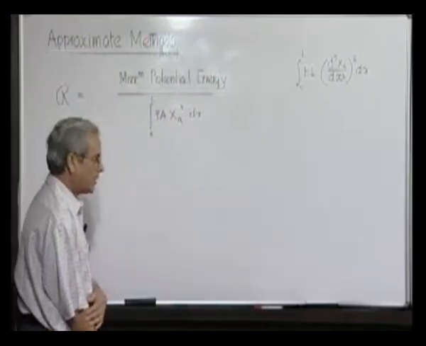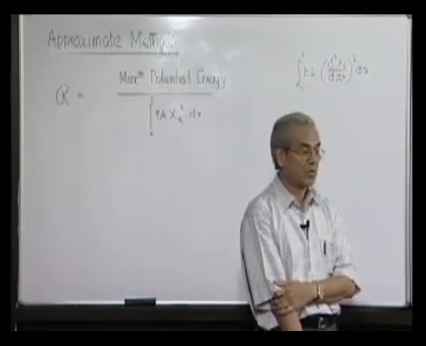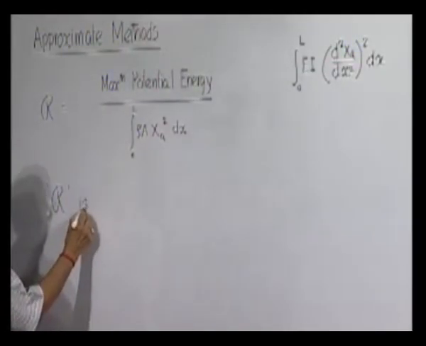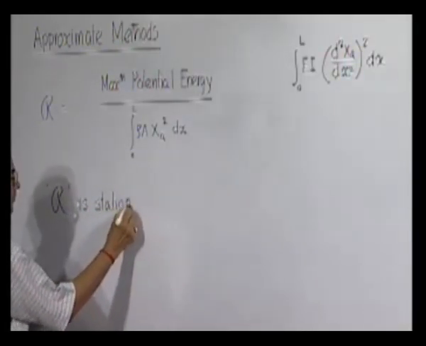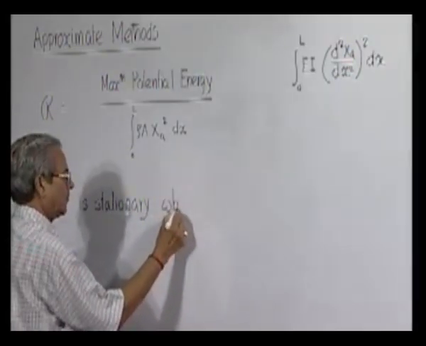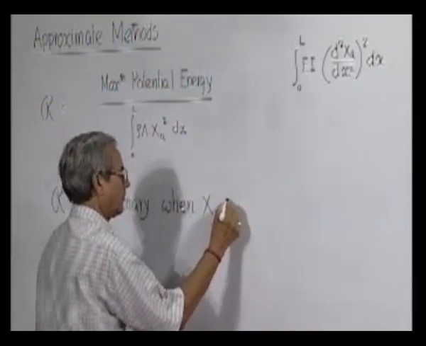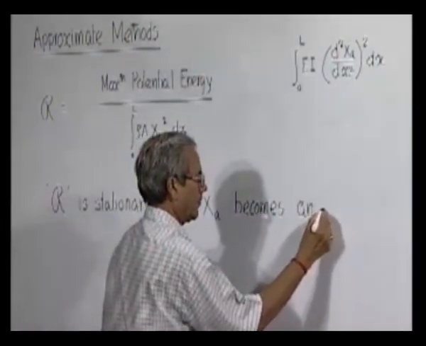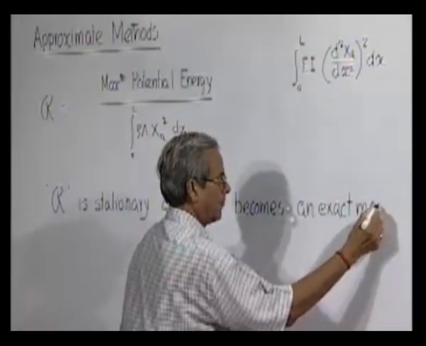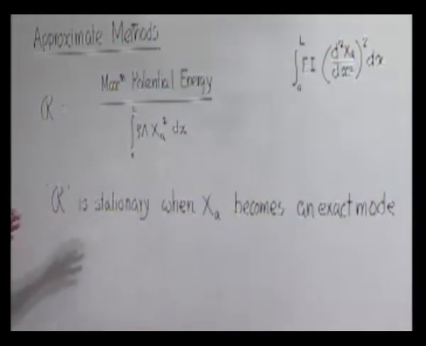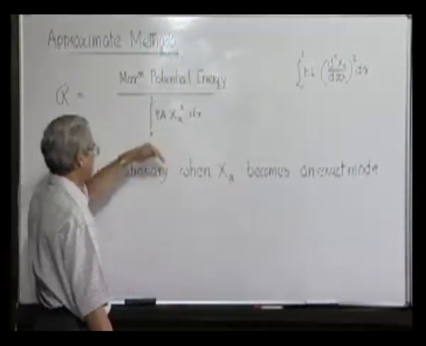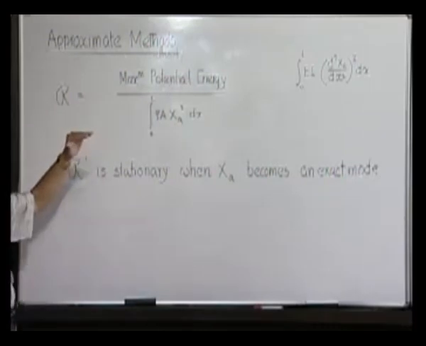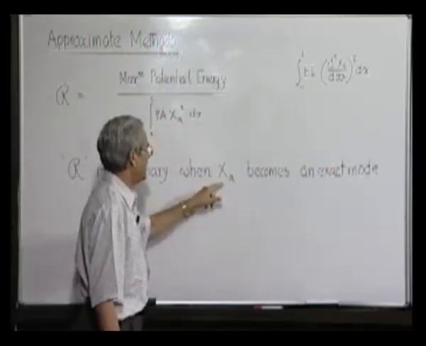Now there is one property of this Rayleigh's quotient which says that, whatever we may assume for this displacement function or the deformation pattern or mode shape, R of this quantity will always be higher than a quantity which will be minimum or stationary as Xa becomes a real mode.